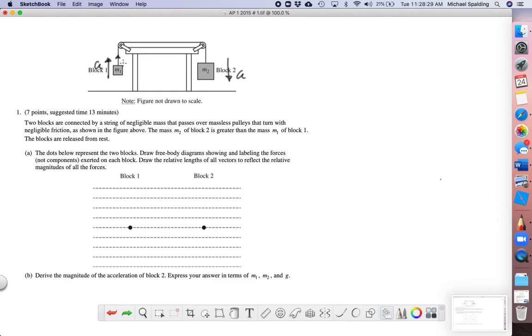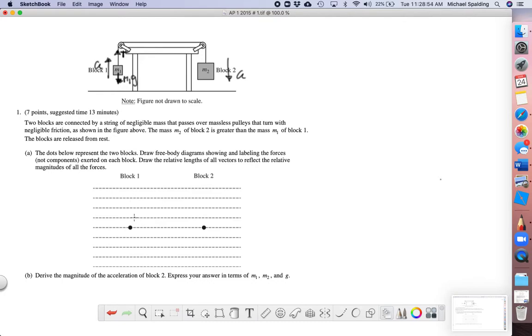Tension is going to be like that, an upward tension, and I'm purposely drawing force of gravity smaller. Force of gravity is weight, which is mg, so we'll label that m1g. For M1 to accelerate upward, the upward force of tension must be greater than the downward force of gravity.